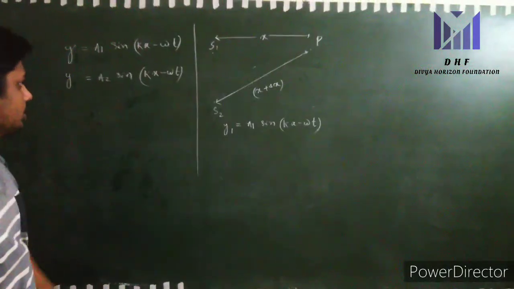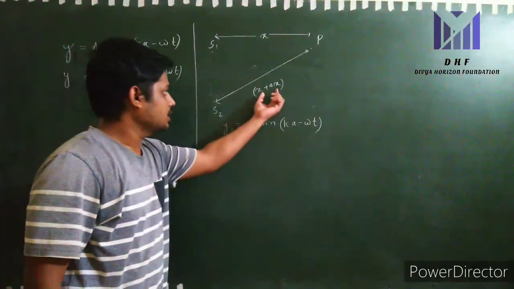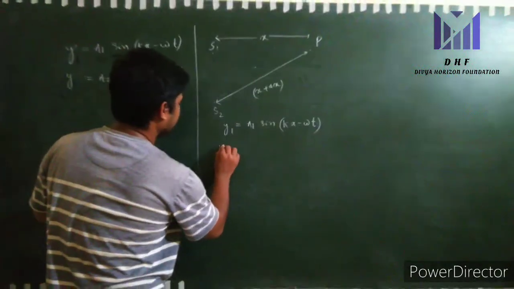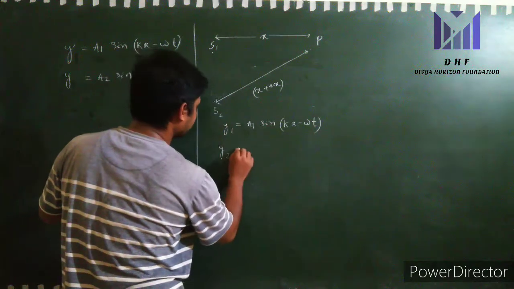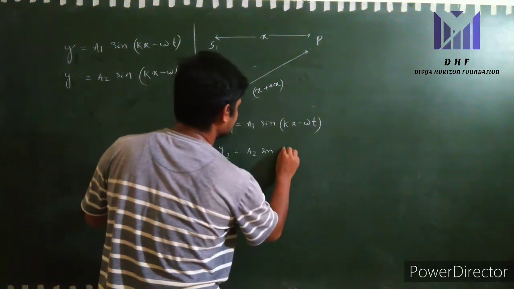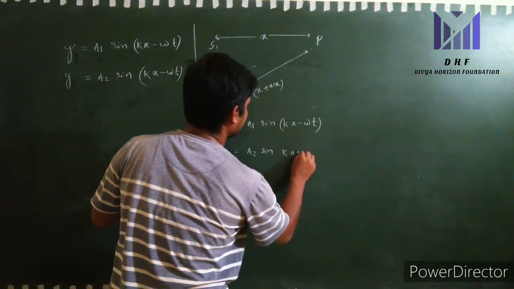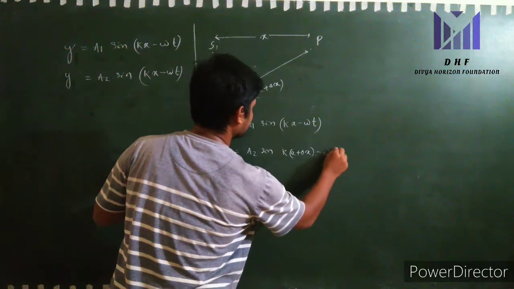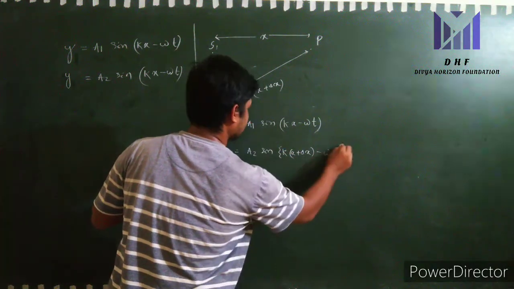And fortunately, here the particle is situated at a distance x plus del x. So the displacement at time t will be y2, which is equal to a2 sin k(x plus delta x) minus omega t.